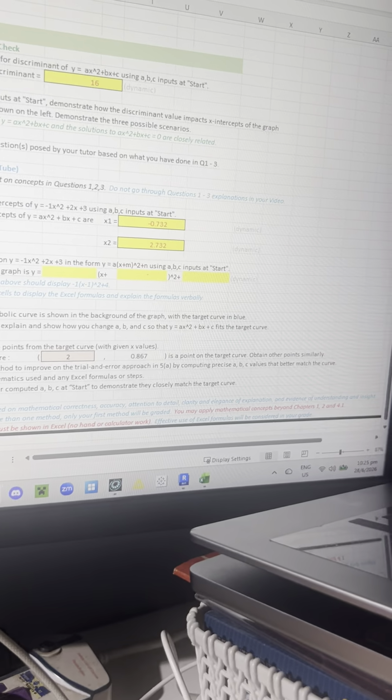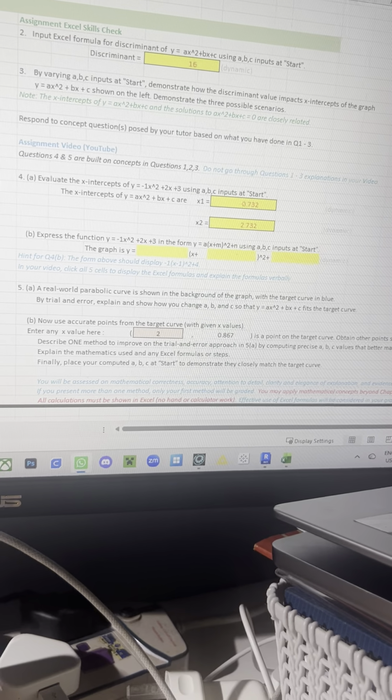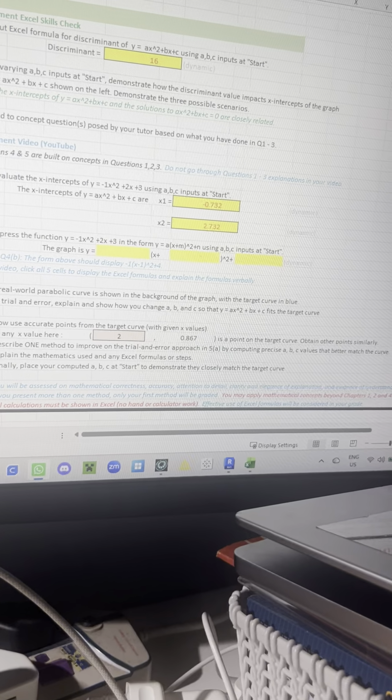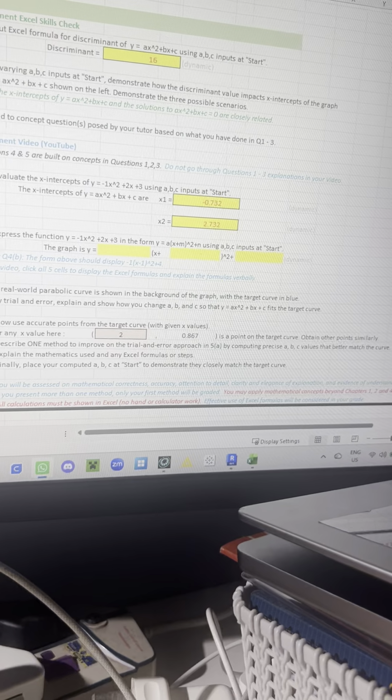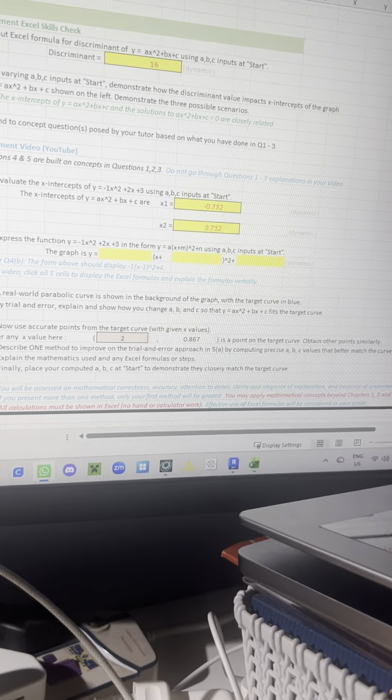So by using square root G4 times 2 to the power of 2 minus 4 E6 and E4 and I4.